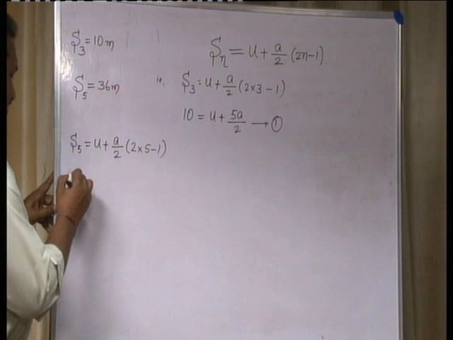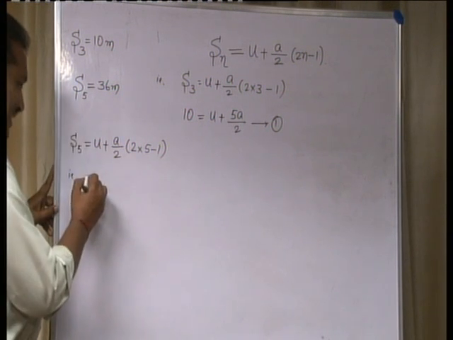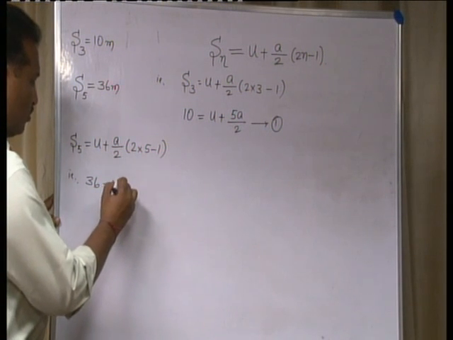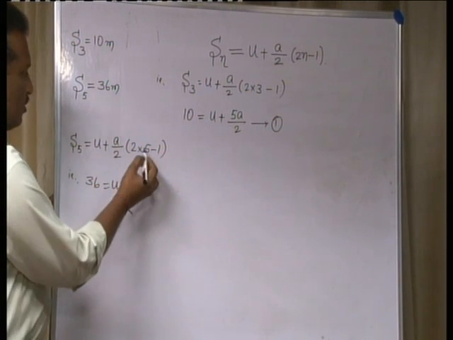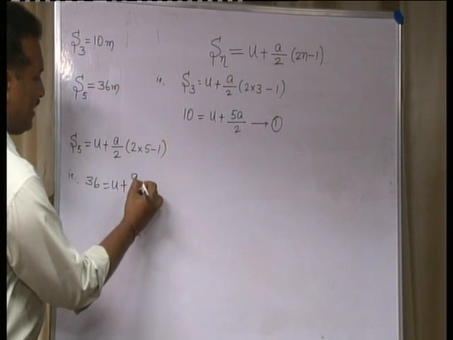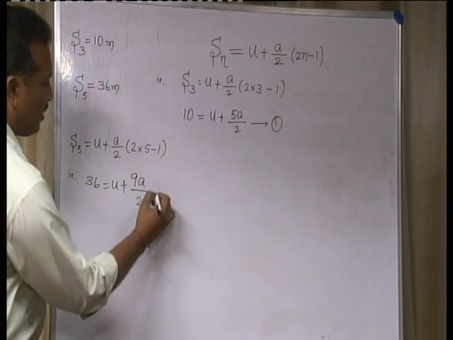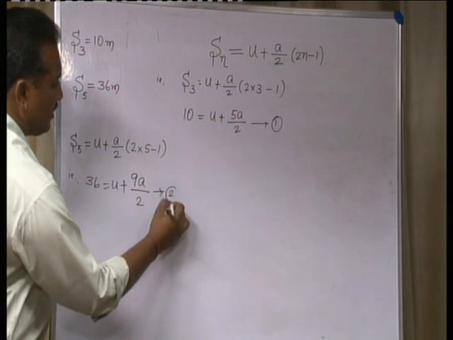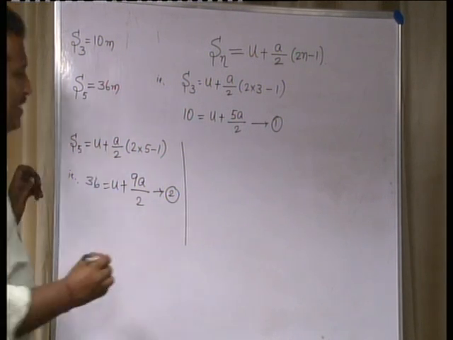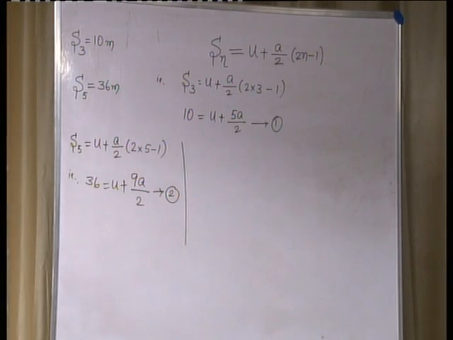S5 is 36, which is equal to u plus, 2 fives are 10, 10 minus 1 is 9, it is 9a by 2. Call this one equation 2. So, equation 2 minus 1, what is expected is to calculate the acceleration.